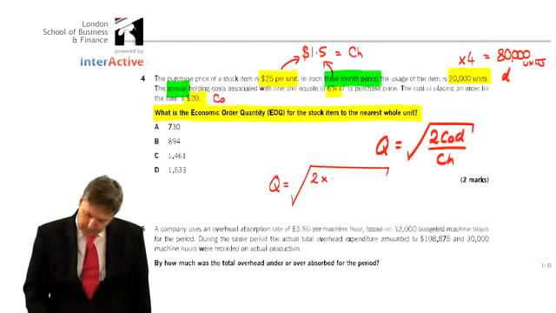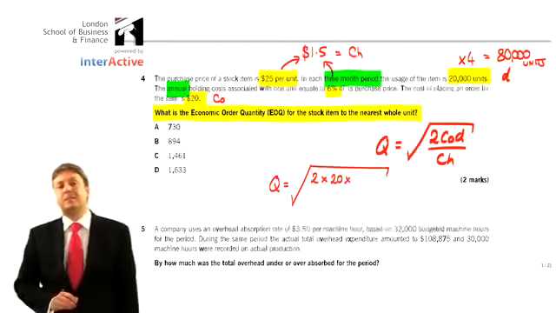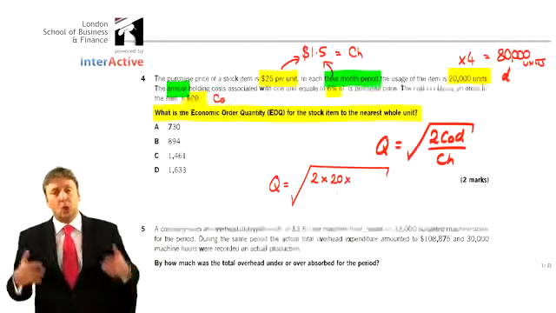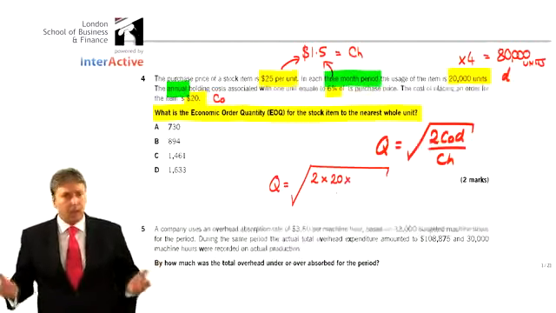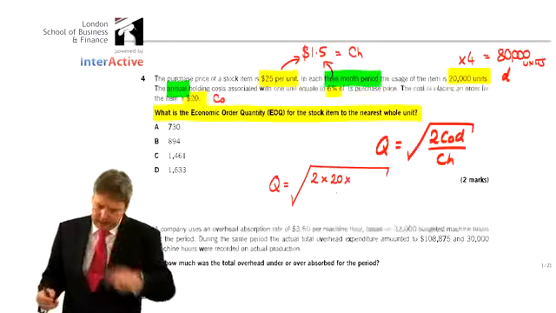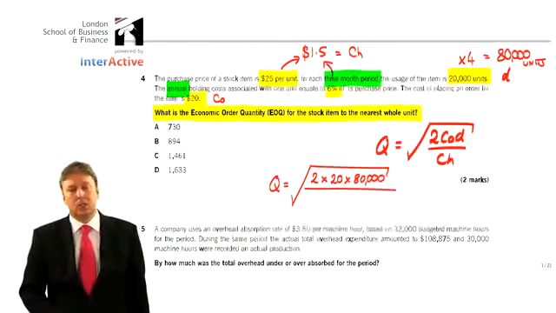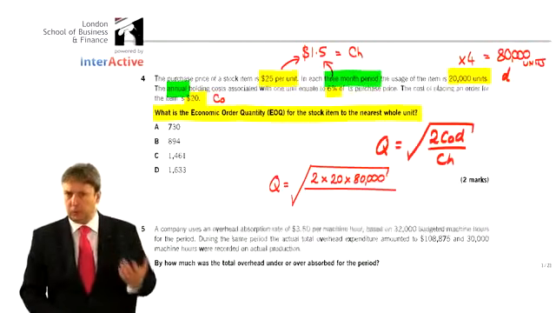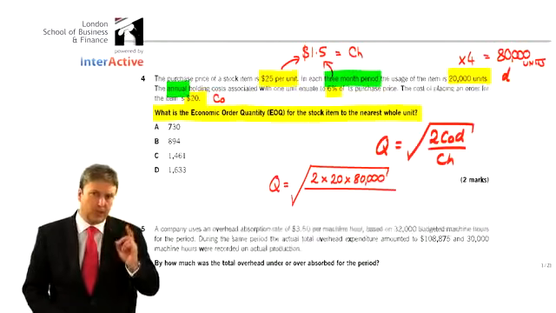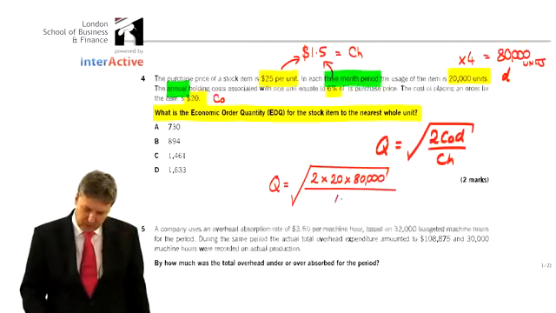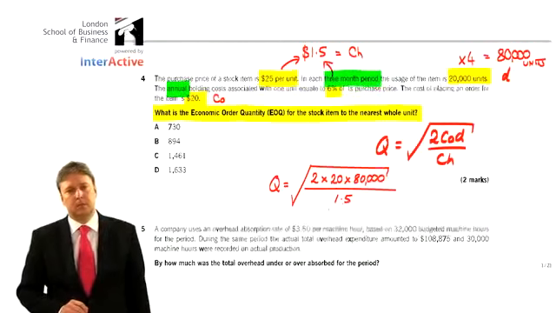Well, CO we were given at the bottom was 20. Do we have D, the usage or demand for the period? Well, we have it now for 1 year, 80,000. And do we have CH, the cost of holding 1 unit for the period, in this case 1 year? Well, yes, we've established it at 1.5.